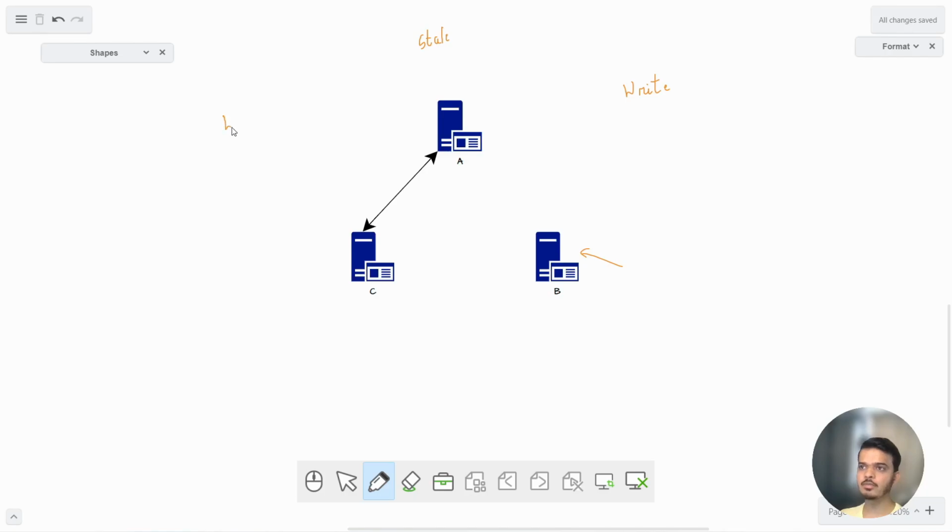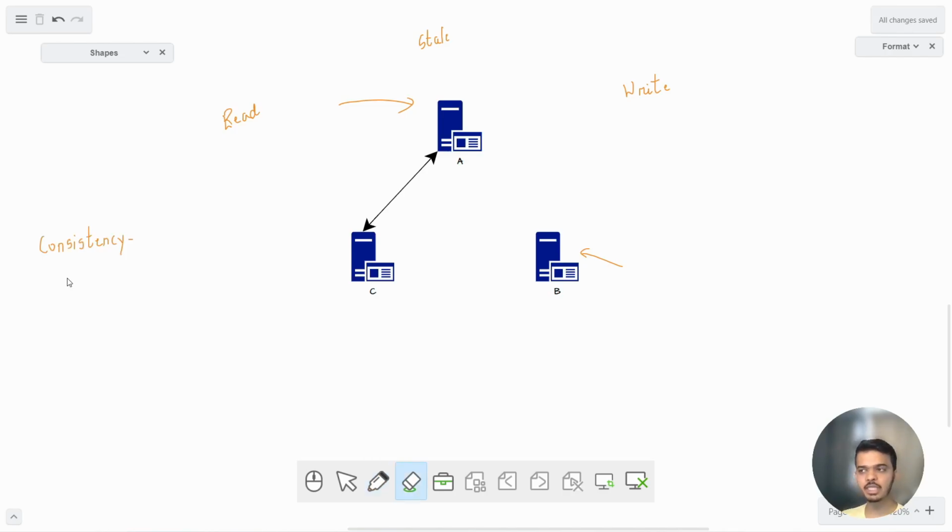Now at the same time, if there is a read request coming to this particular subnet, the data they are going to read is stale data.